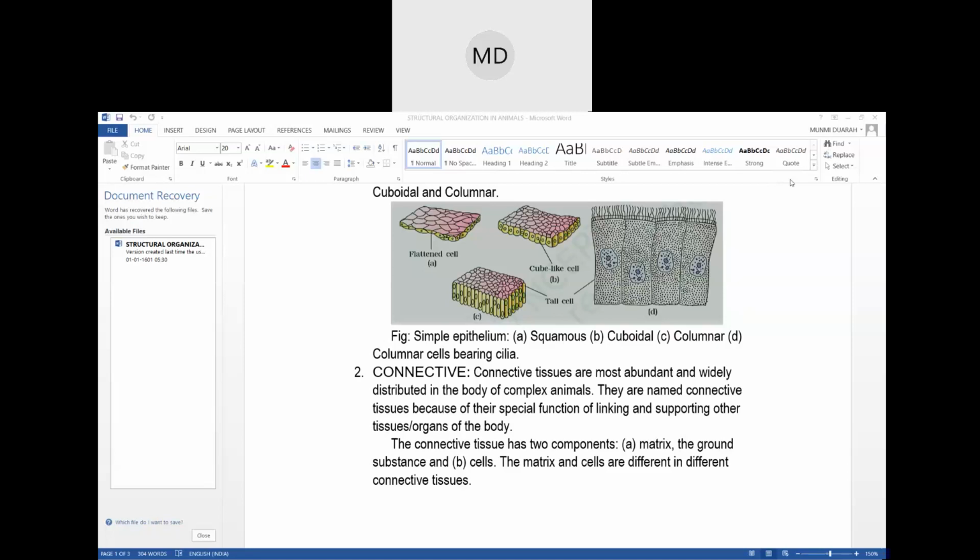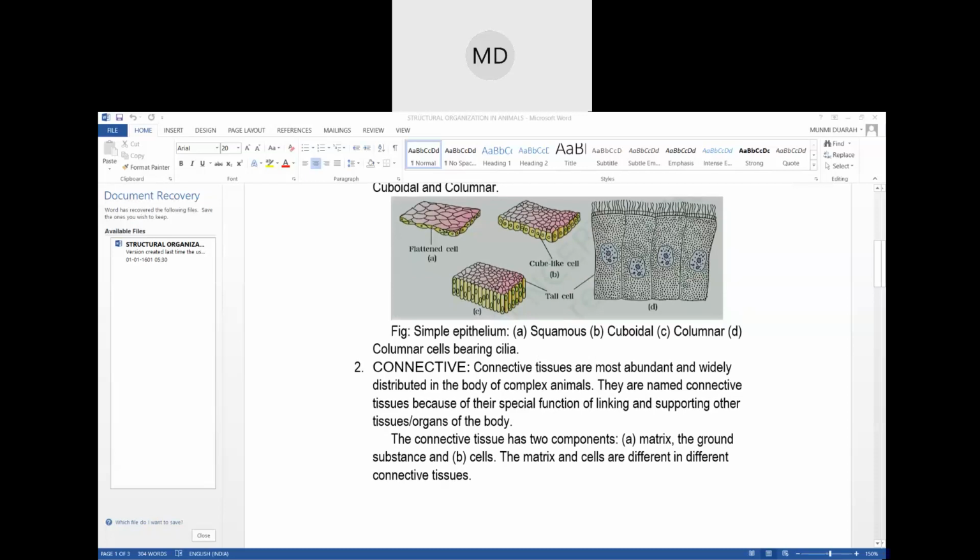Next is connective tissue. I have discussed it a little bit in the last class. It is known as connective tissue because it connects. From the name itself, it is clear that it helps in connecting something, right? Let me give you examples.